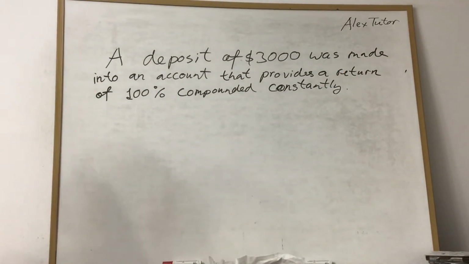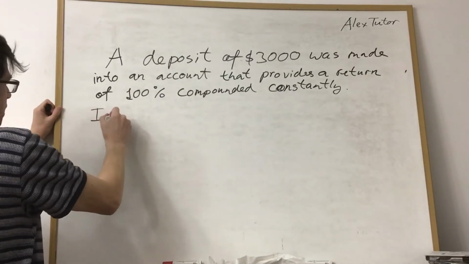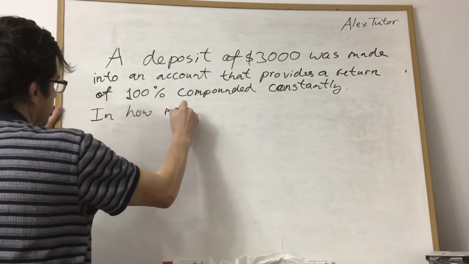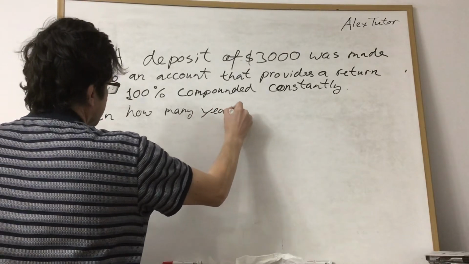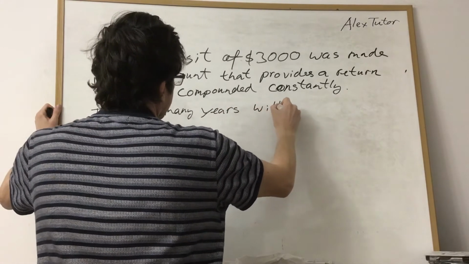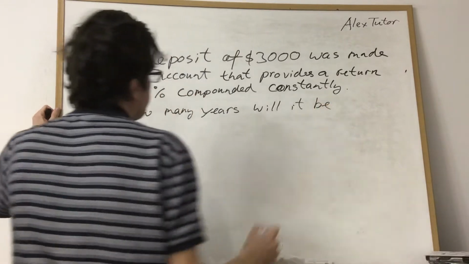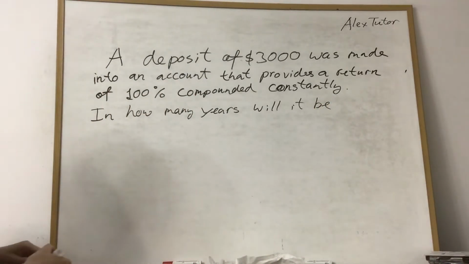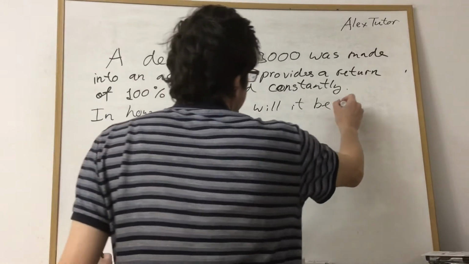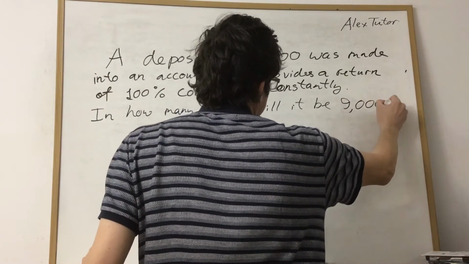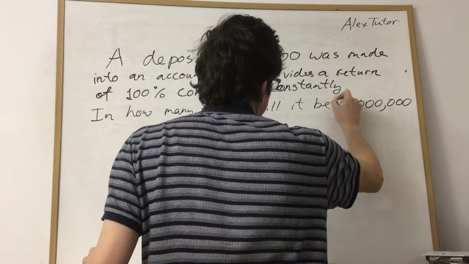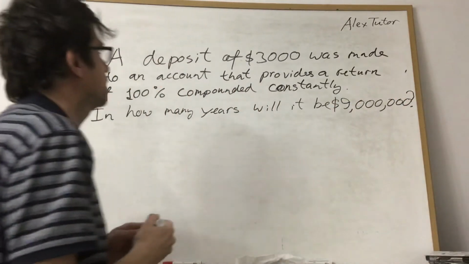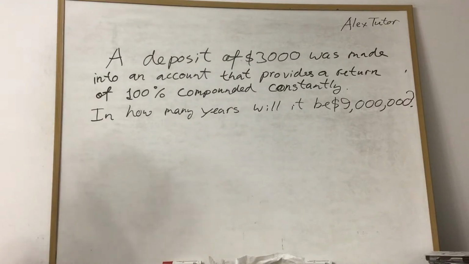And now I want to ask a question. In how many years will it be, let's say, $9 million? So there is an imaginary account that pays 100% annual return, compounded constantly, not daily, constantly.